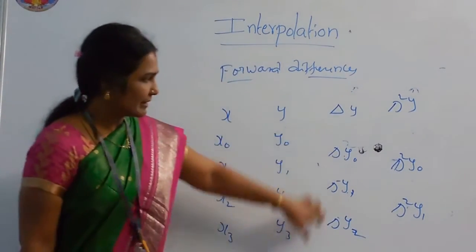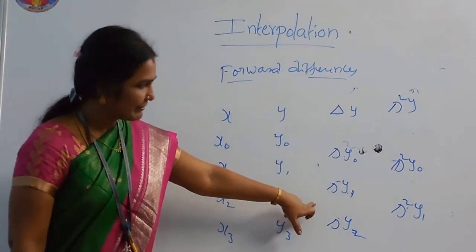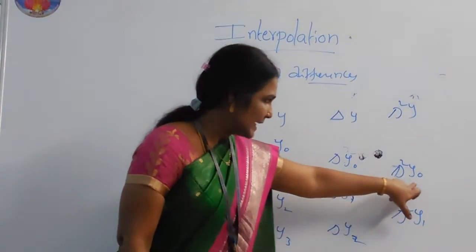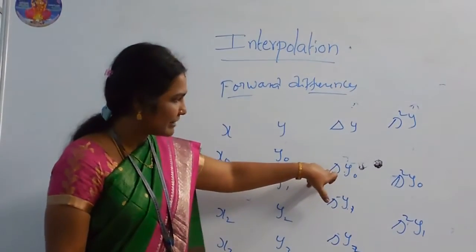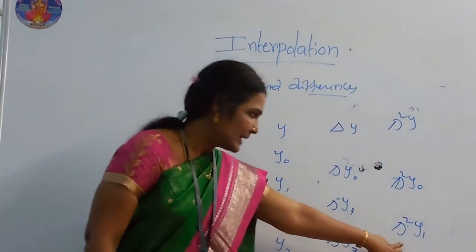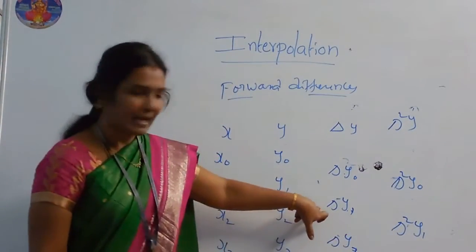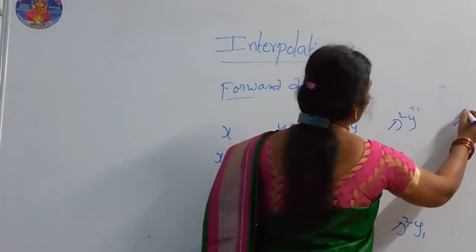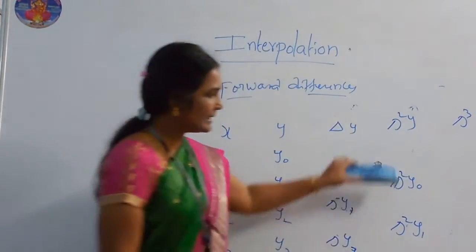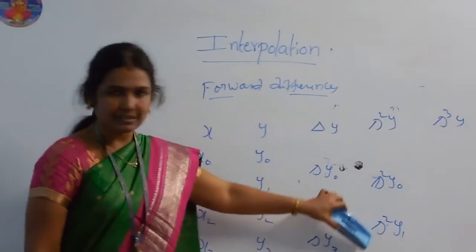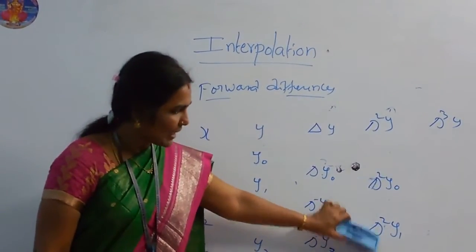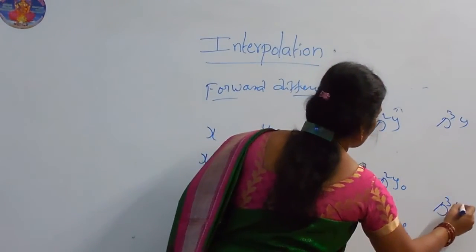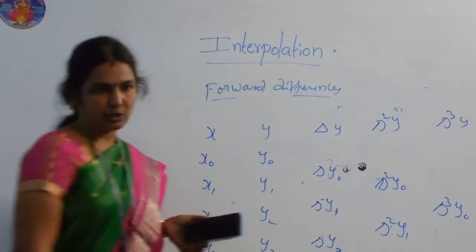So the differences of first forward differences are known as second forward differences. Similarly, third differences can be formed by taking the differences of these second forward differences. That is, delta square y1 minus delta square y0 we define as delta cube y0.